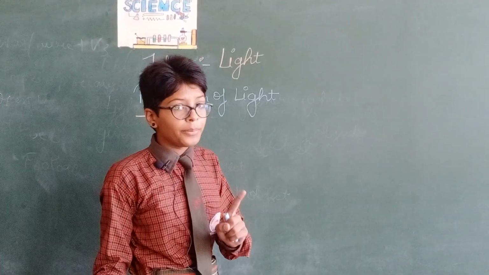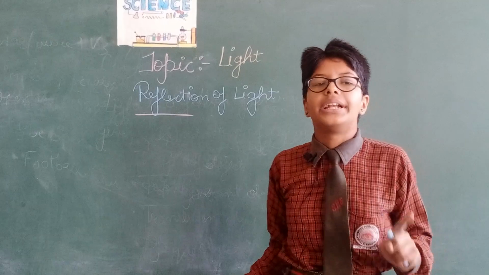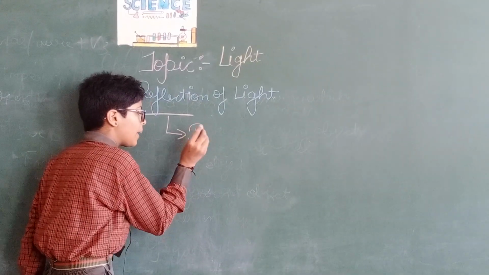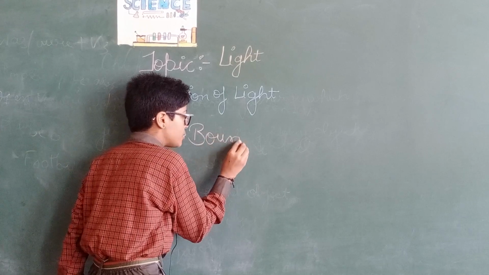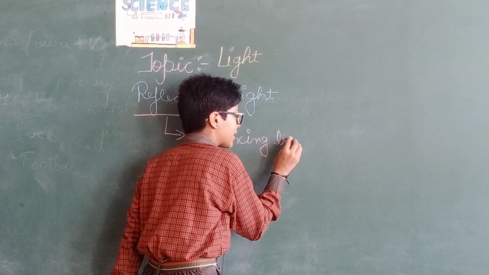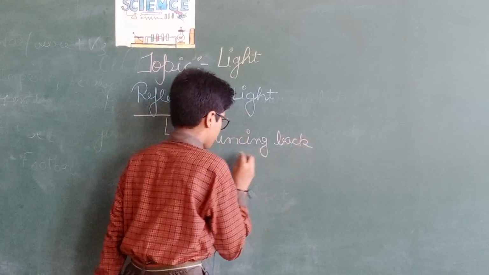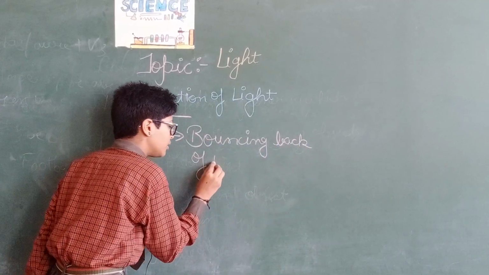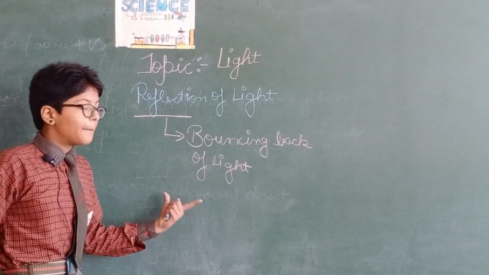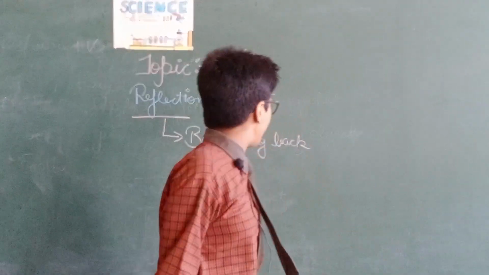It is a phenomenon of bouncing back of light. So we can say that it is the bouncing back of light from a plane surface. I will show you a figure.